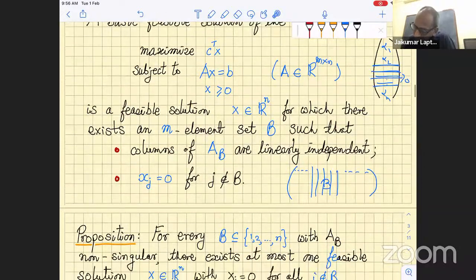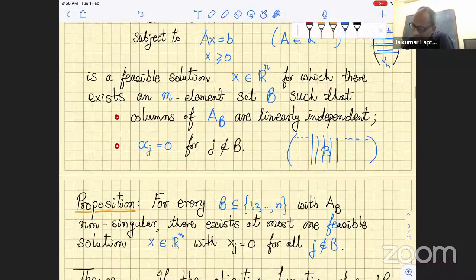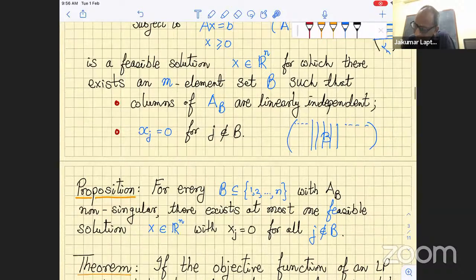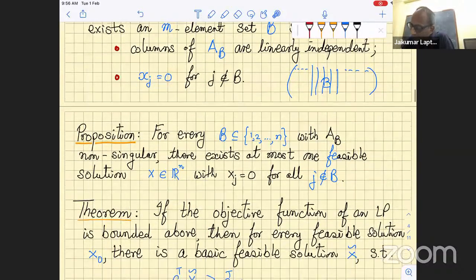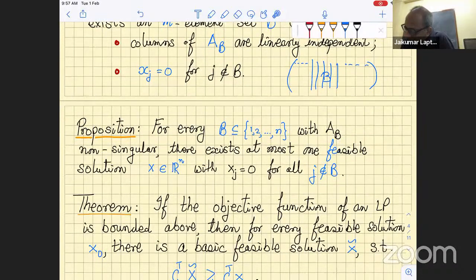Here are some facts which you know from linear algebra. Suppose you took some columns B, and it turned out that this matrix is non-singular, that is, the columns are linearly independent.